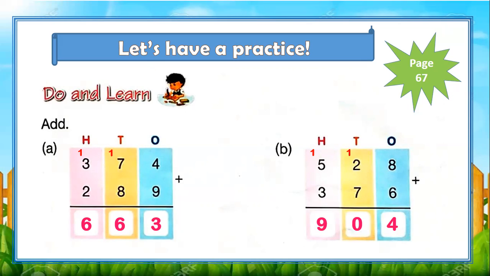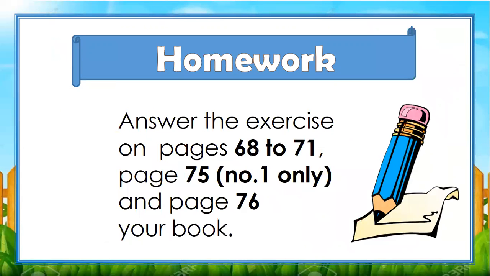Okay, now that you have completely understood our lesson about addition with regrouping, I want you to answer pages 68 to 71 and page 75, number 1 only, and page 76 of your book.